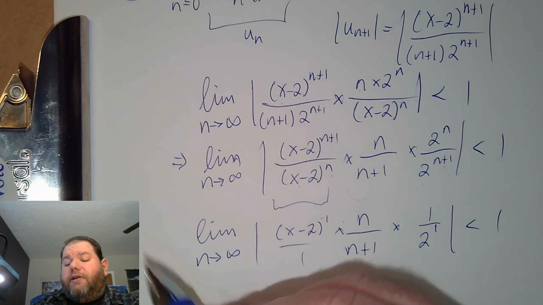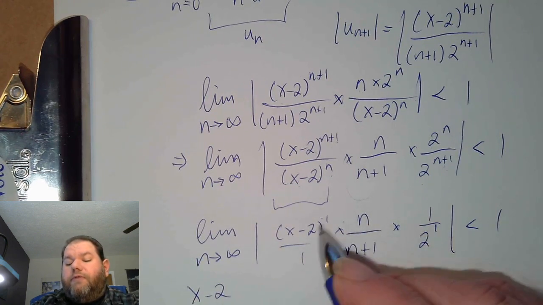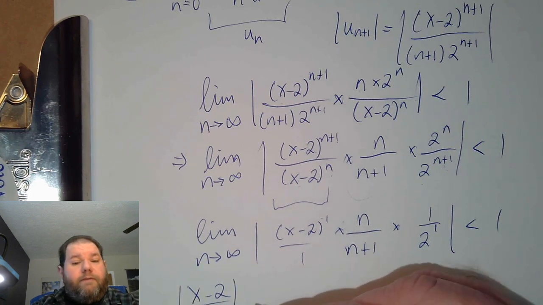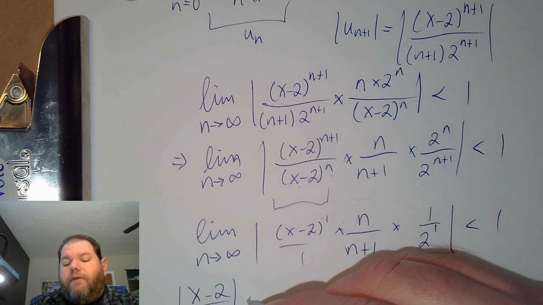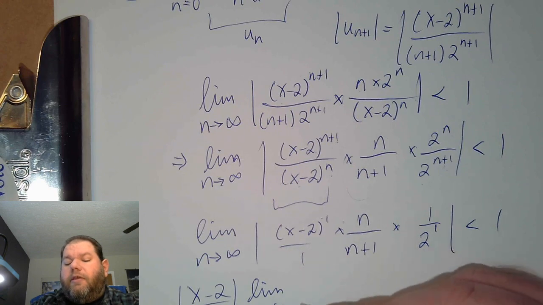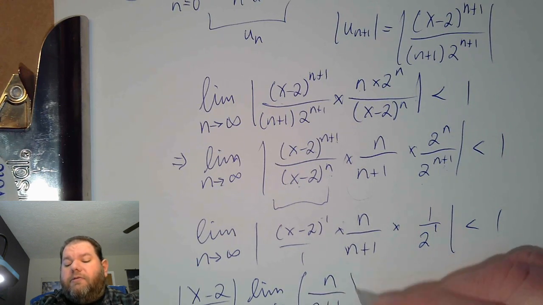So we could take x minus 2 here over the other 2 there. It's still in the absolute value bars because x may still be positive or negative. And then inside the limit, we only have n over n plus 1 remaining.